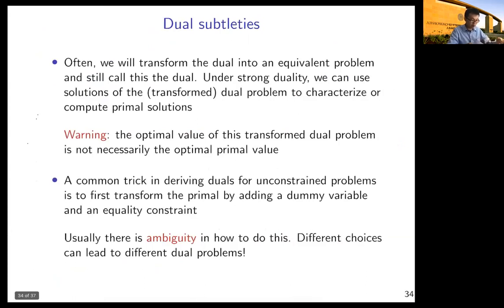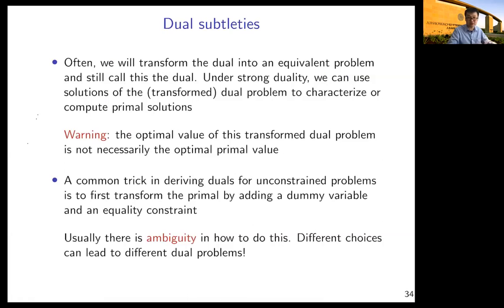So before I end today's lecture, I want to say this again: since we can reformulate mostly the unconstrained primal problems in various different ways, depending on how you reformulate the problem and introduce different dummy variables, you'll end up getting very different looking duals. So there isn't a single way of doing that.